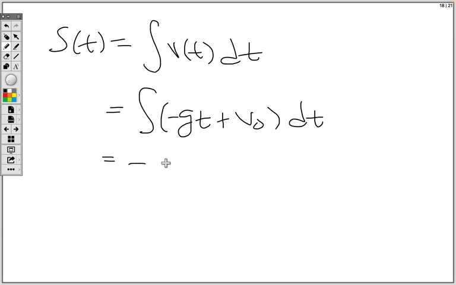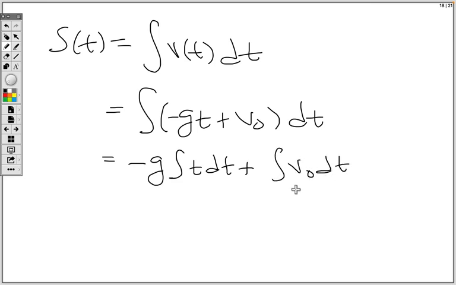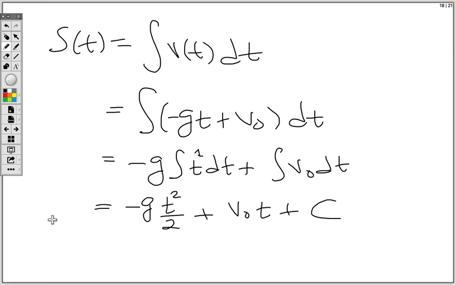We can rewrite this as minus g integral t dt plus the integral v naught dt. So now we can use the power rule here, the integral of t dt. Remember, think of that as t to the first power. So add 1 to that power, that's going to be t squared divided by 2, plus v naught t plus your constant.